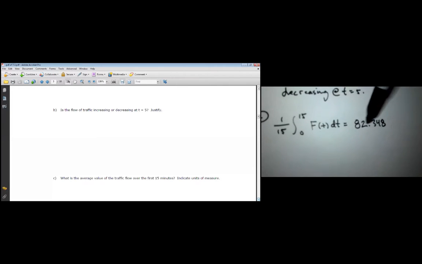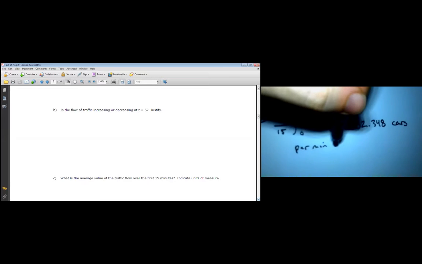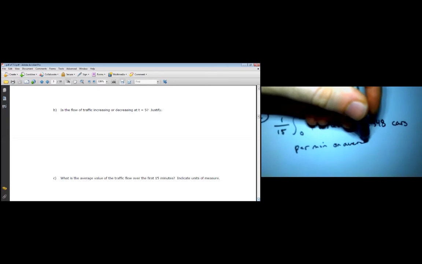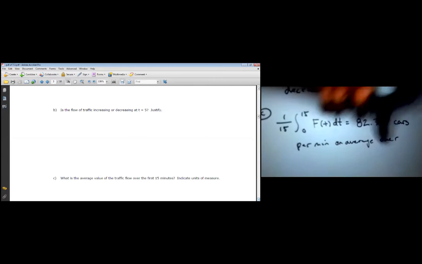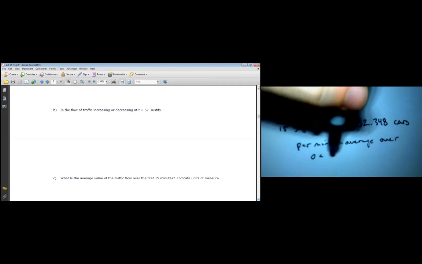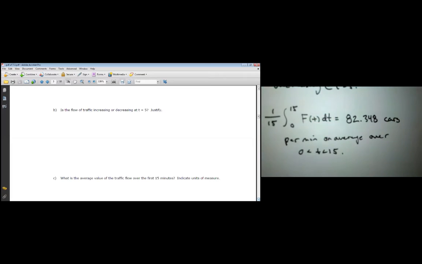So it would be 82 or 82.348, depending on the directions. Cars per minute on average over 0 to t equals 15, something like that. Anything that's explaining it's the average cars over the first 15 minutes would be getting you guys credit there.